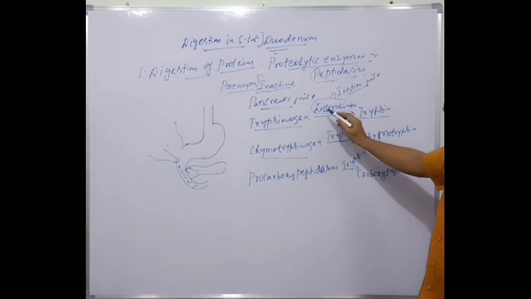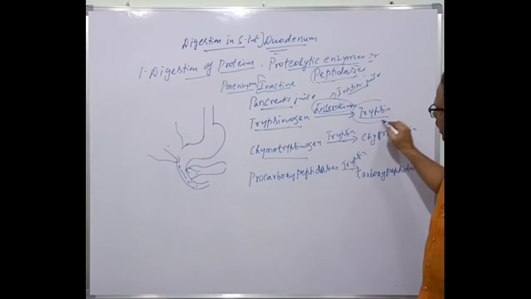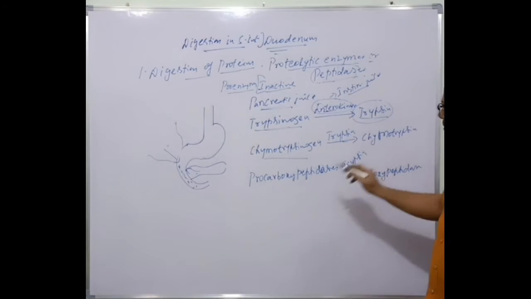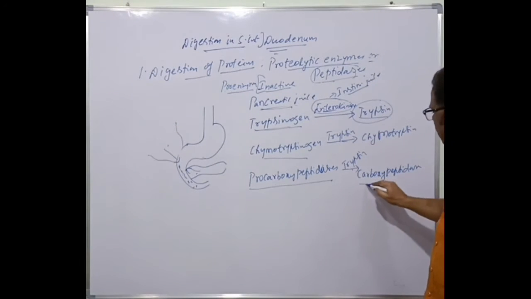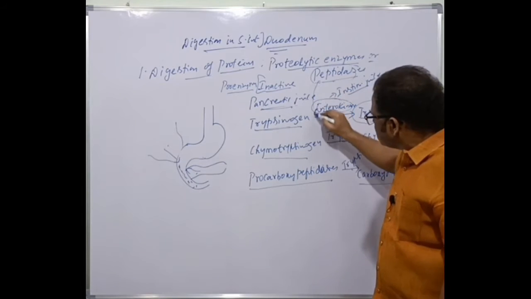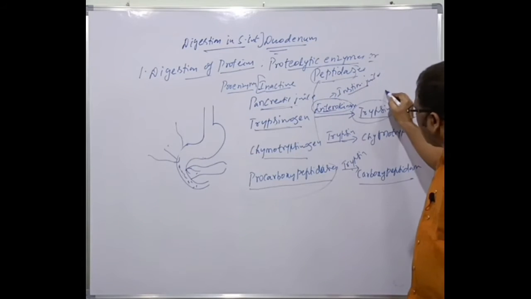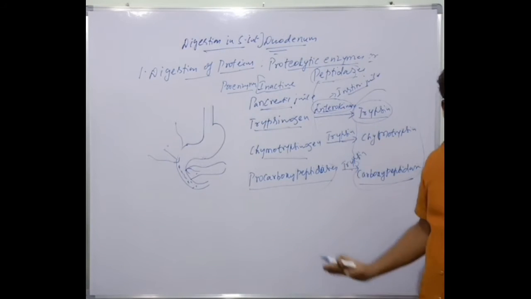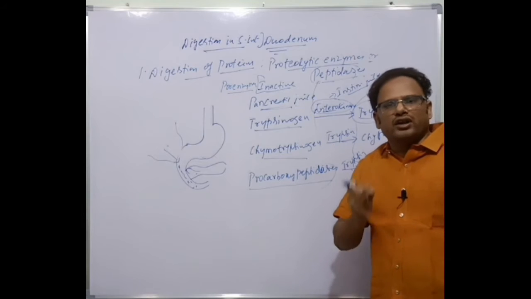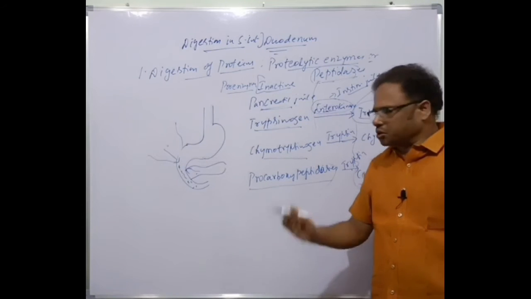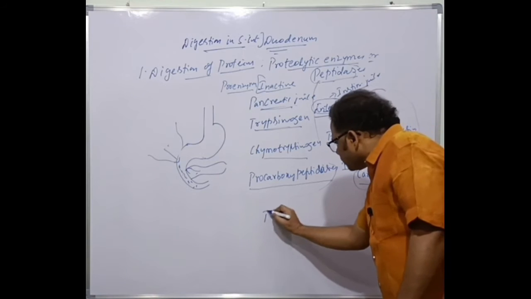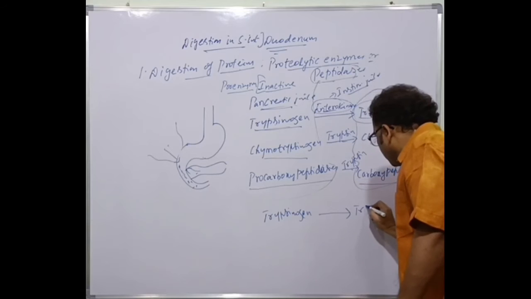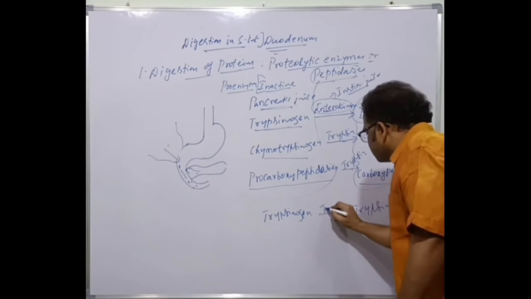So once the enzyme activator enterokinase activates and forms trypsin, it will automatically convert the inactive chymotrypsinogen into chymotrypsin, and the inactive procarboxypeptidases into carboxypeptidases. These are the activated enzymes here. Only these can act, and that too in the alkaline medium of 7.8 physiological pH, otherwise no. Clear, students?